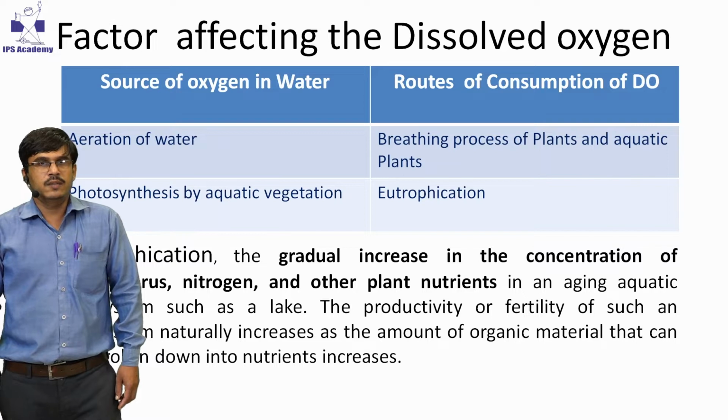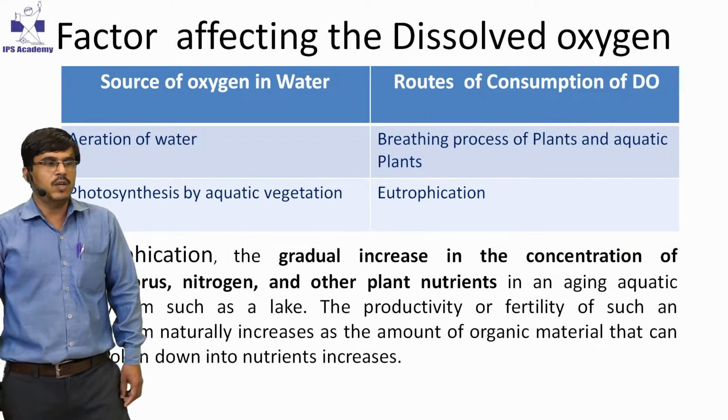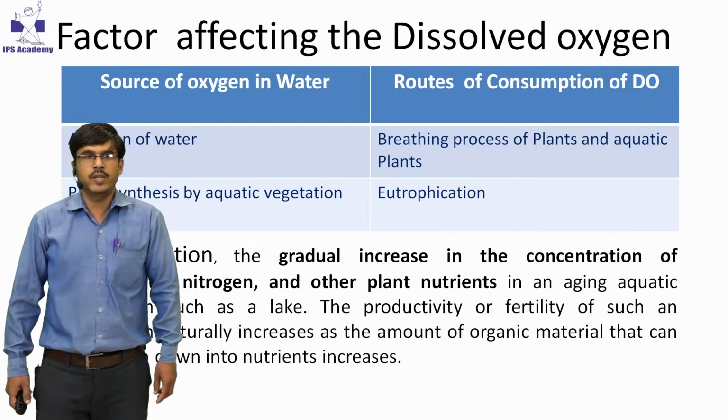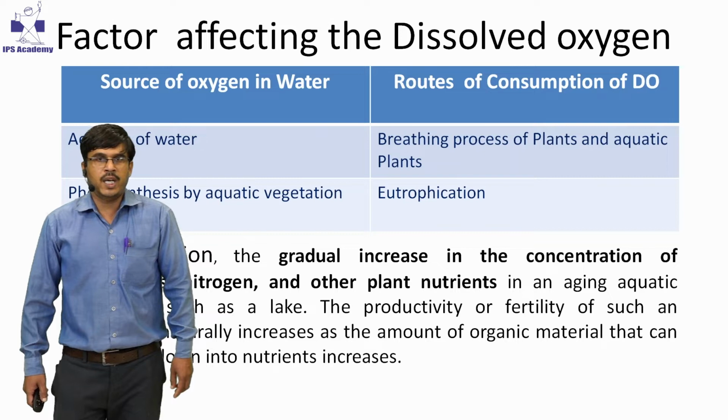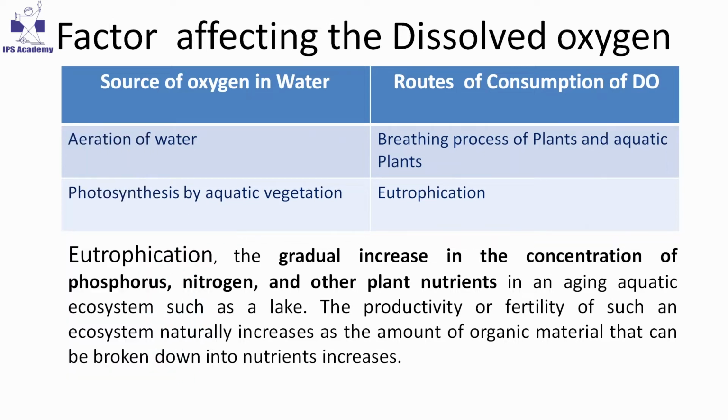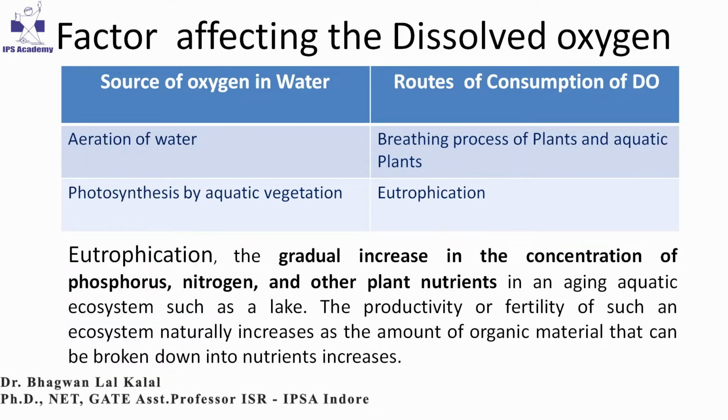The other thing is, which factors decide the dissolved oxygen, how much oxygen will be found in water. Overall, the amount of oxygen varies in two ways. First, the source of oxygen in water.